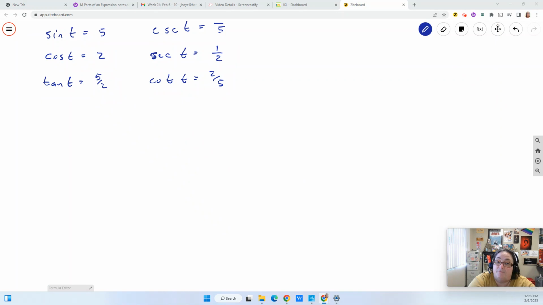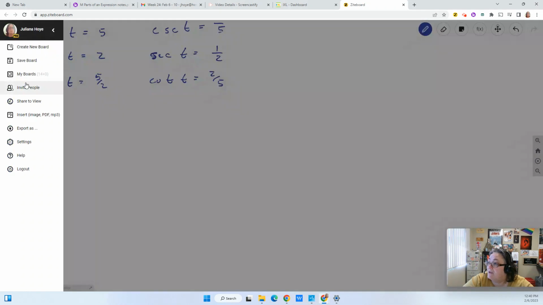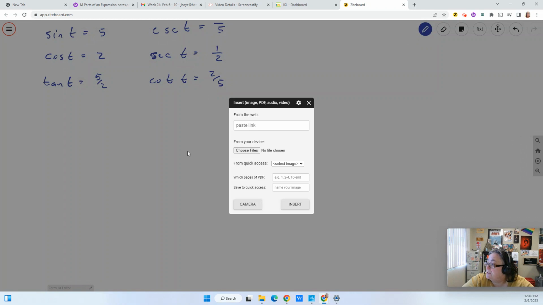I could write one really quick, but it'd be so much easier not to. So let me import this unit circle I just grabbed an image of.